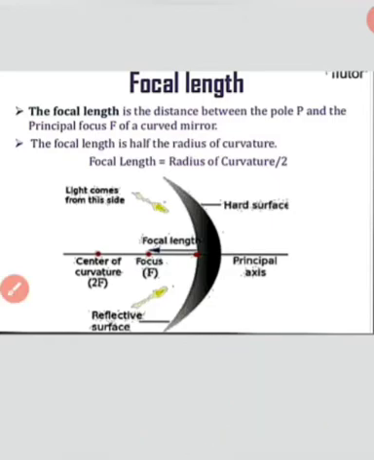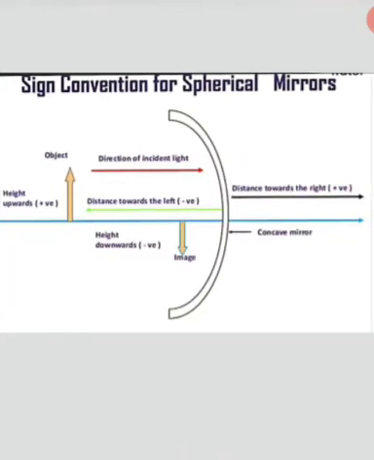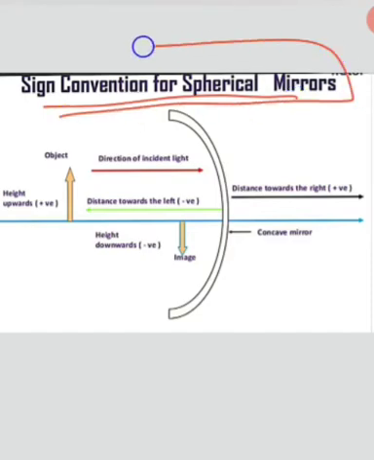Next is sign convention. While solving numericals, it is very important to understand the sign convention for spherical mirrors. Whether we take a concave mirror or a convex mirror, the convention will be the same. Here it has taken a concave mirror.